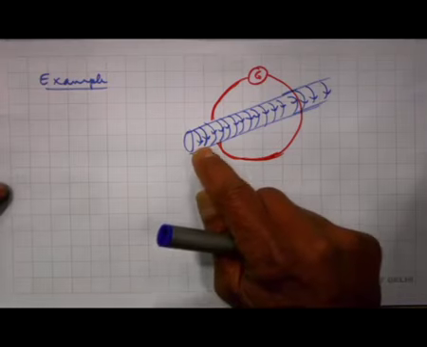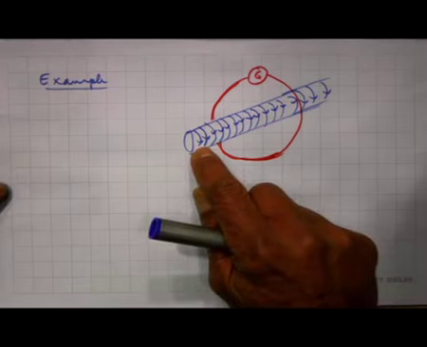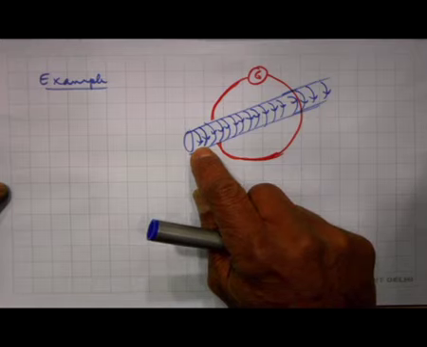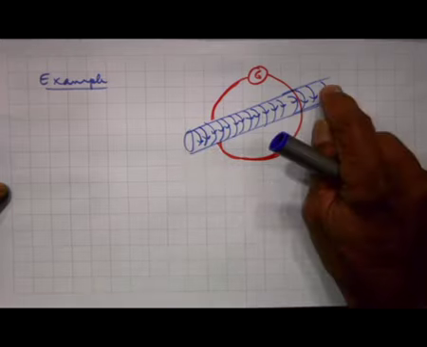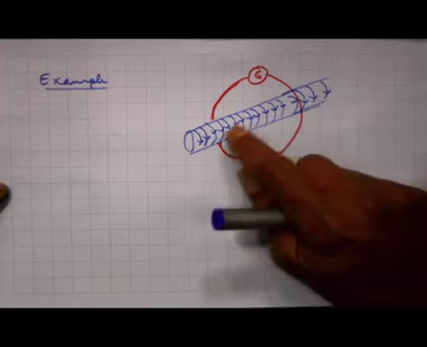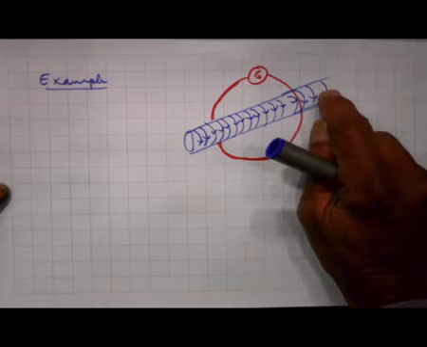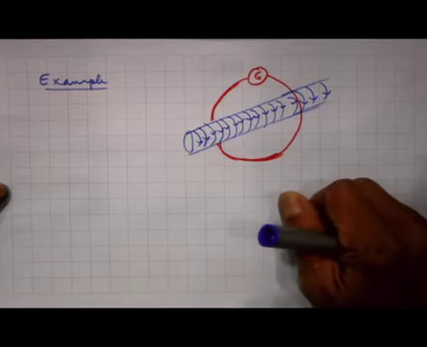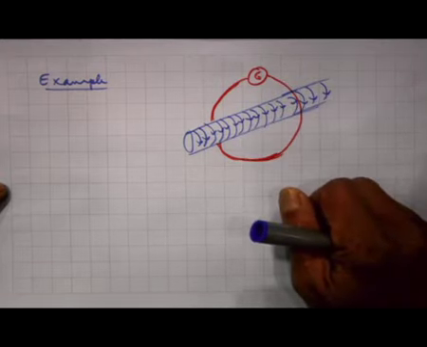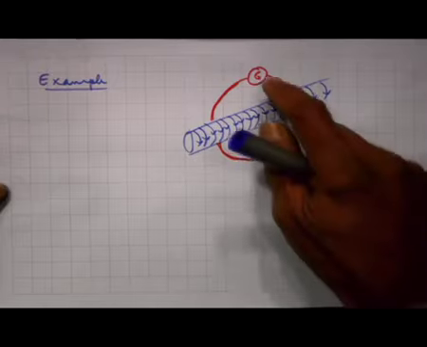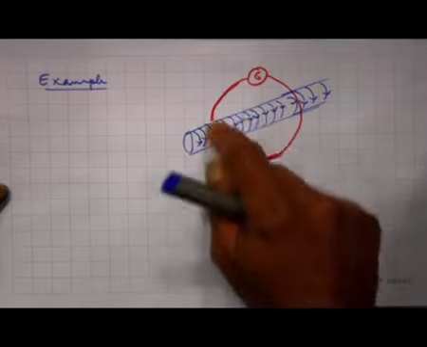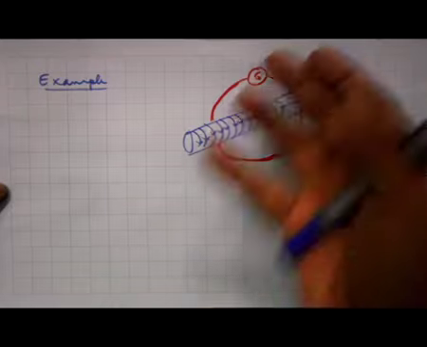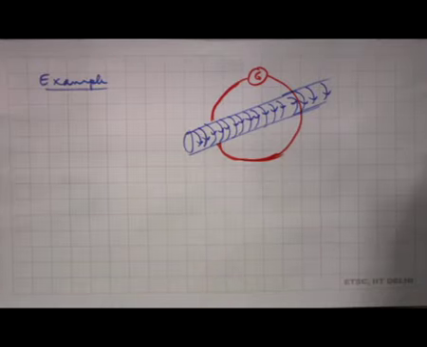Please note that if I change the current in the solenoid, the changing current gives me a changing magnetic field inside the solenoid. The changing magnetic field inside the solenoid implies that the magnetic flux passing through this conducting loop changes with time, and according to Faraday's law, there must be an induced EMF in the conducting loop, and so it will generate a current. So, the galvanometer should show me a deflection.